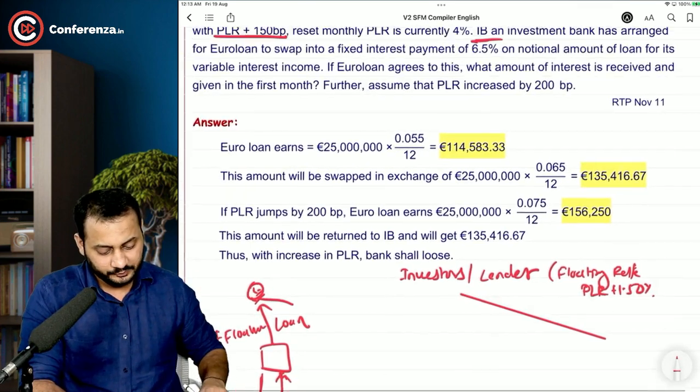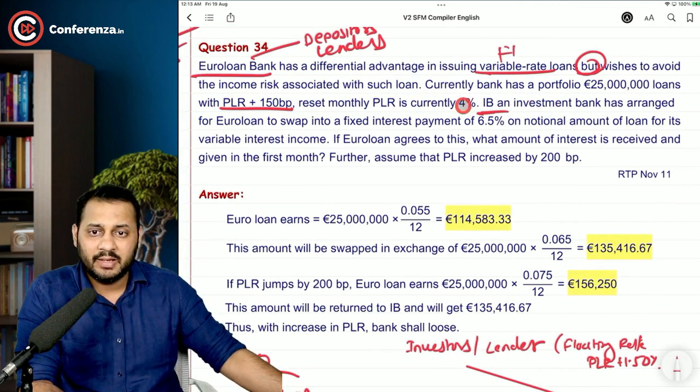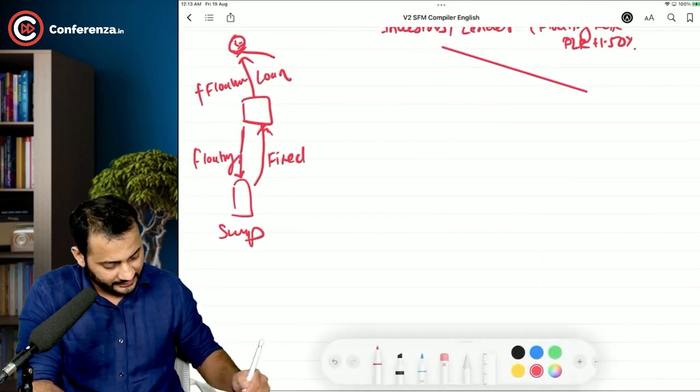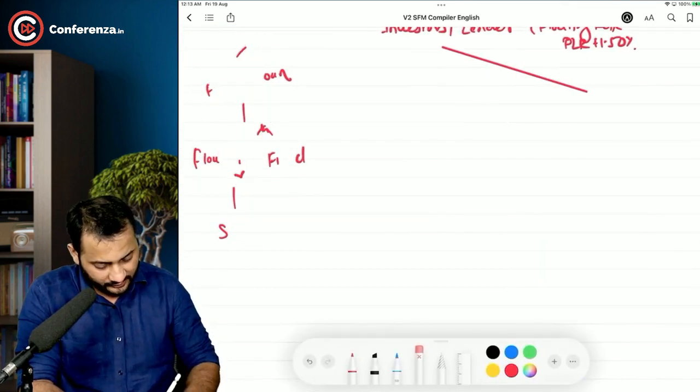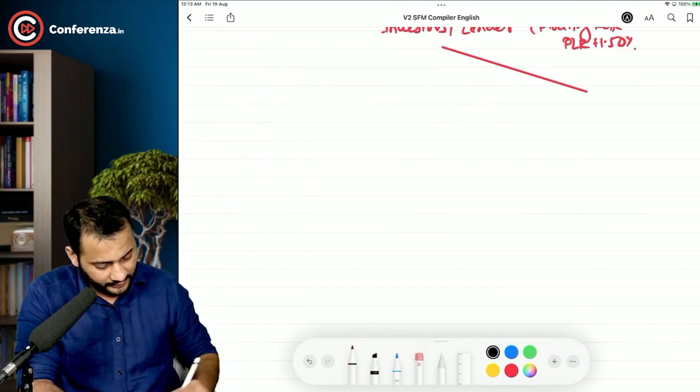Now understand what the question is saying. IB, an investment bank, has arranged the euro loan to swap into a fixed rate payment of 6.5%. So I will clarify this with a proper diagram so that it becomes very easy for you to calculate.